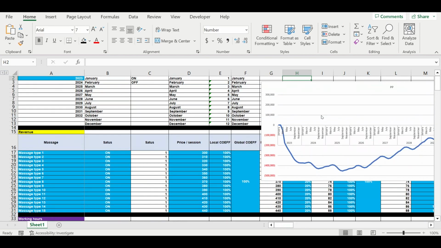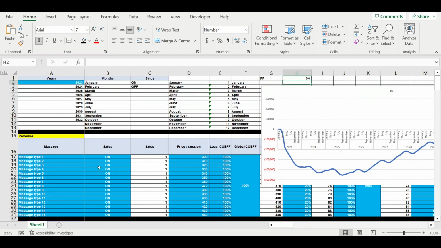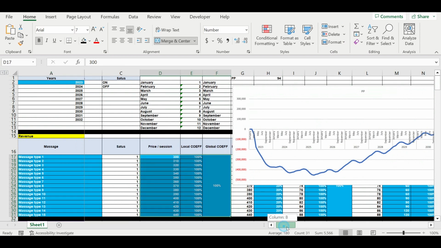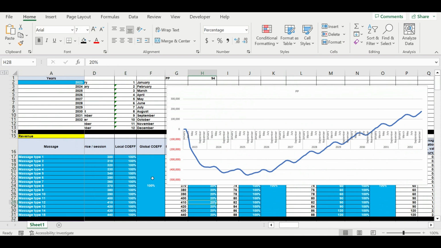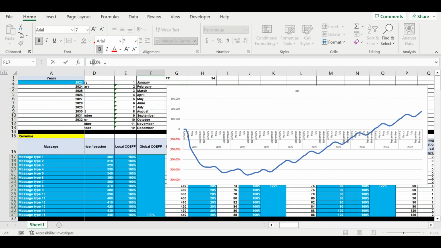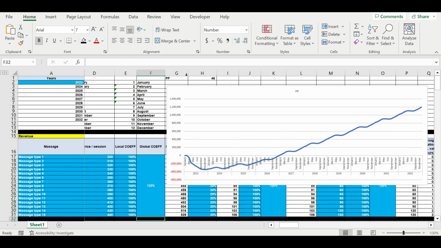And here we have the inputs of our business idea. We can play with pricing, so we can increase, for example, the pricing by 20%. We can see how everything is changing.